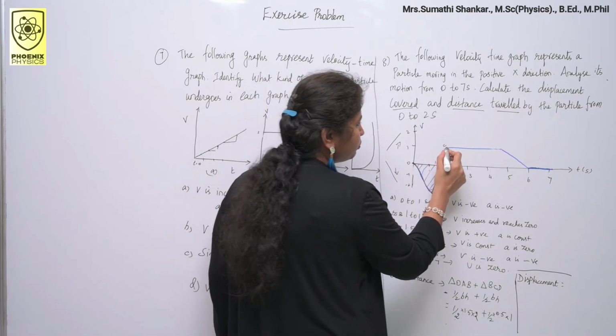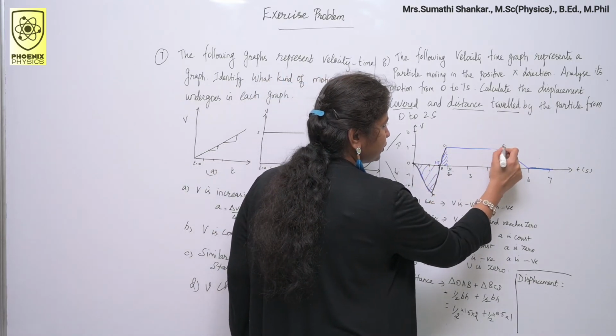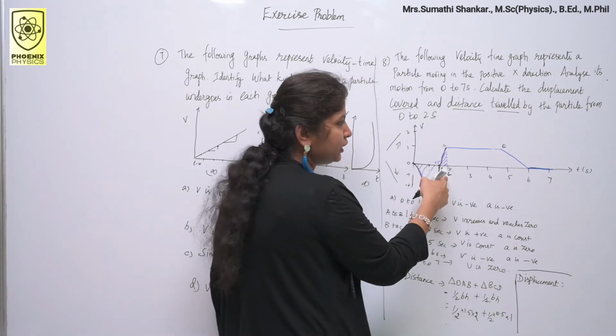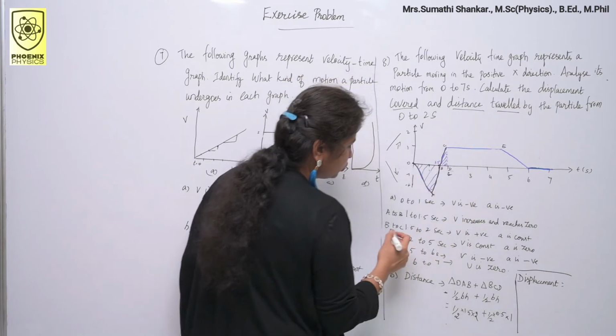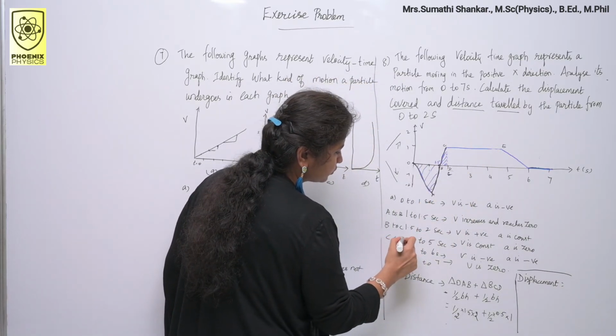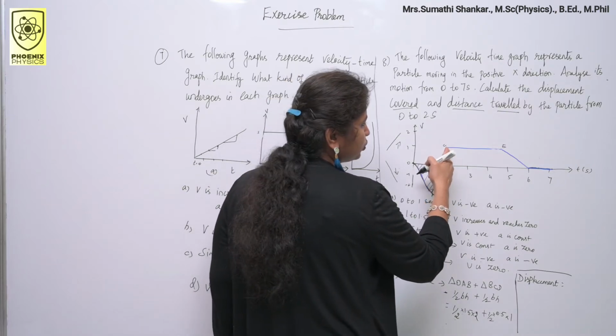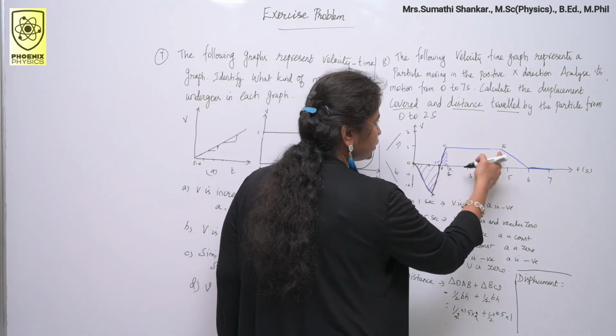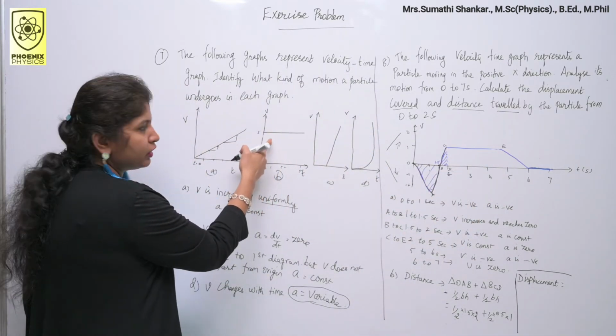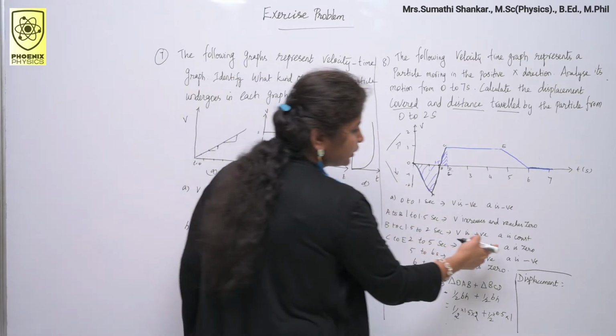Then from C to D. So from C to D, 2 to 5 second, the velocity is constant like this. Velocity is constant means A is 0.